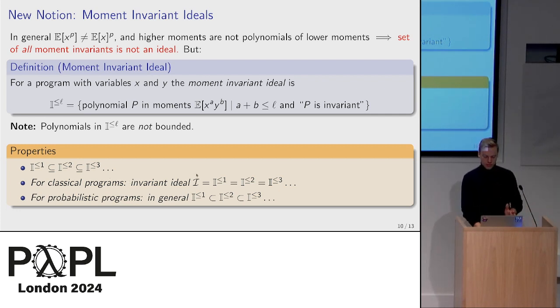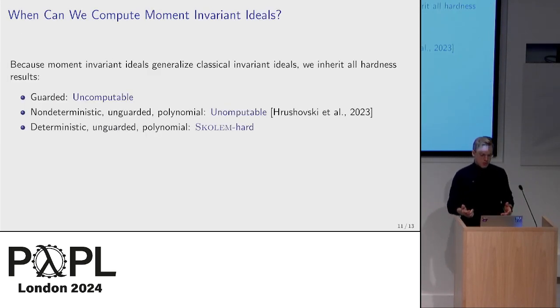For classical programs, the moment invariant ideal of order 1 already captures all the information, precisely because if you don't have any probabilities in your program, you can pull out the power operator of the expected value operator. But for probabilistic programs, the first subset relation is strict, and you gain strictly more information the more moments you include.